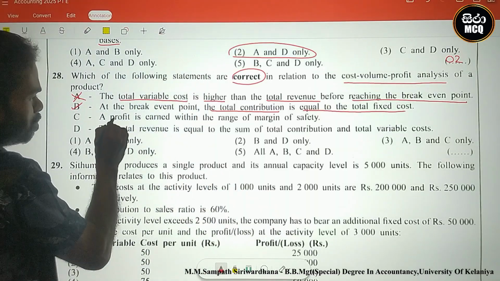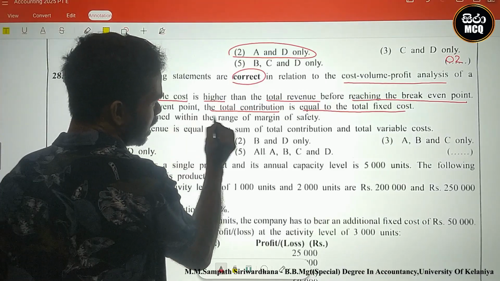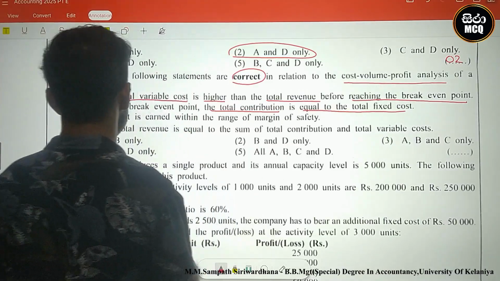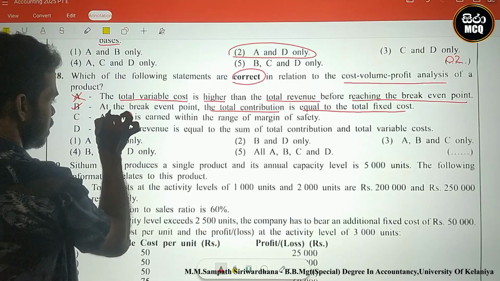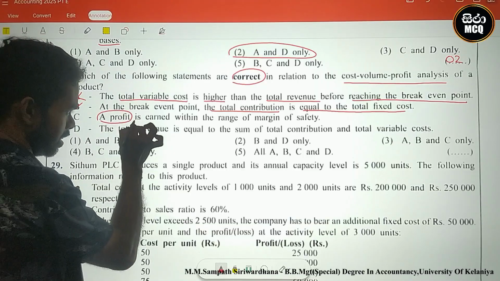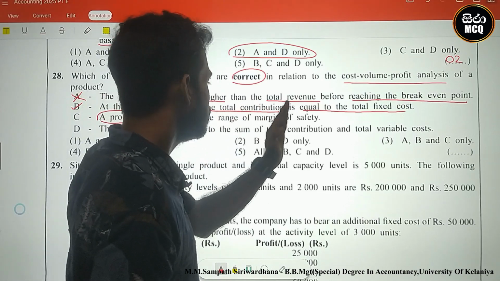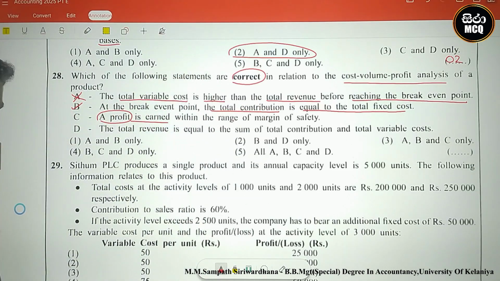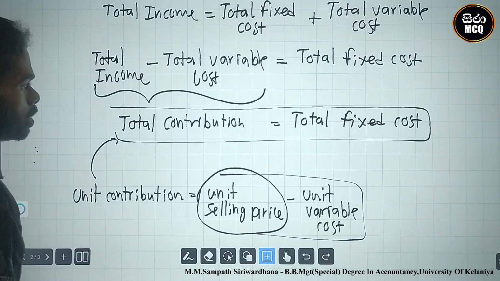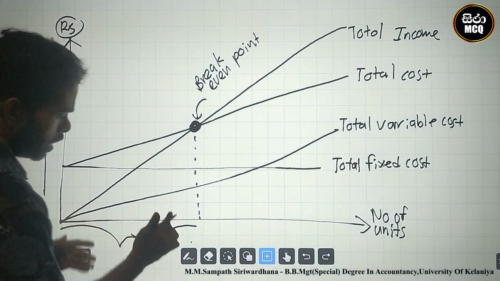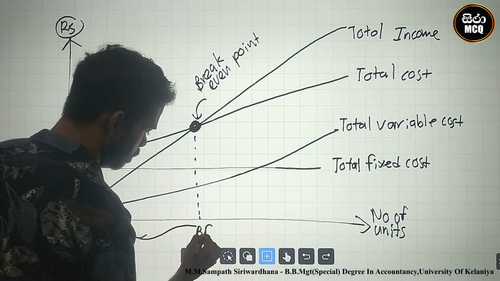Next one. A profit is earned within the range of margin of safety. Look here. You know this chart. This is the break-even point, BEP.